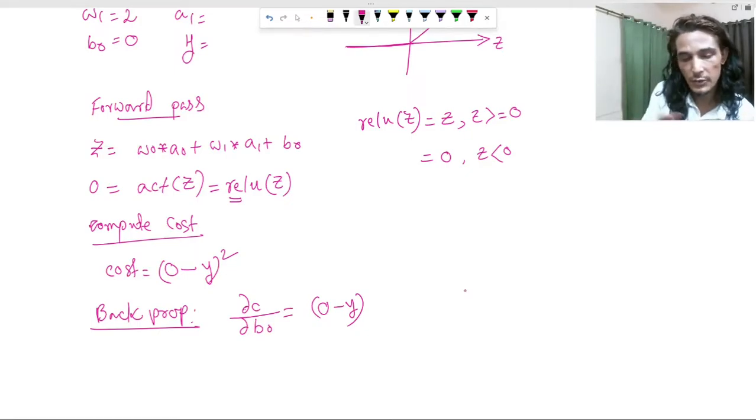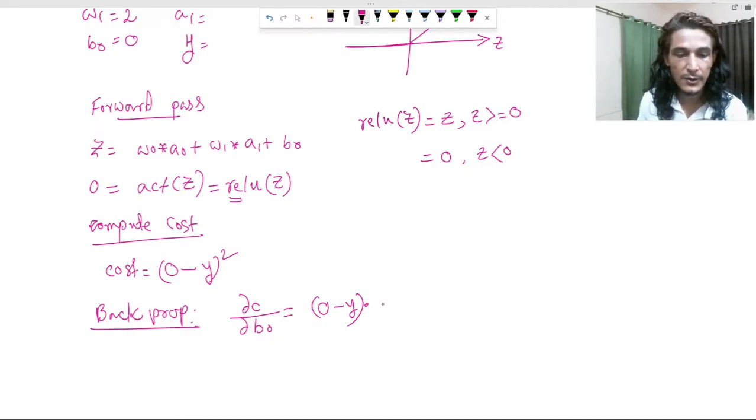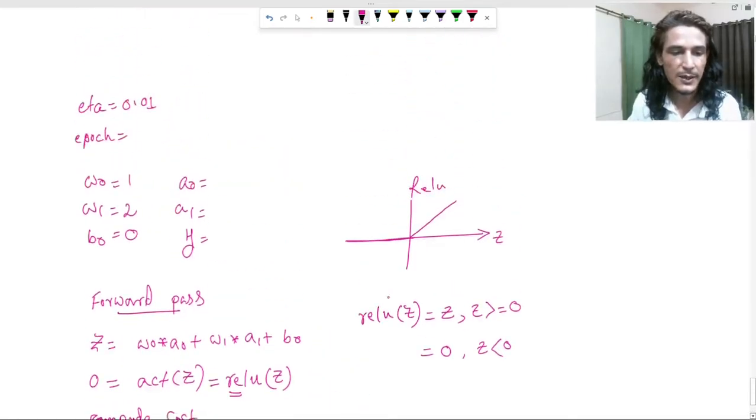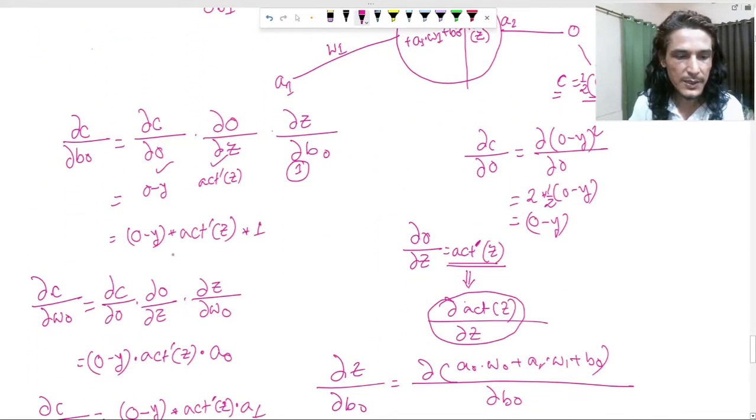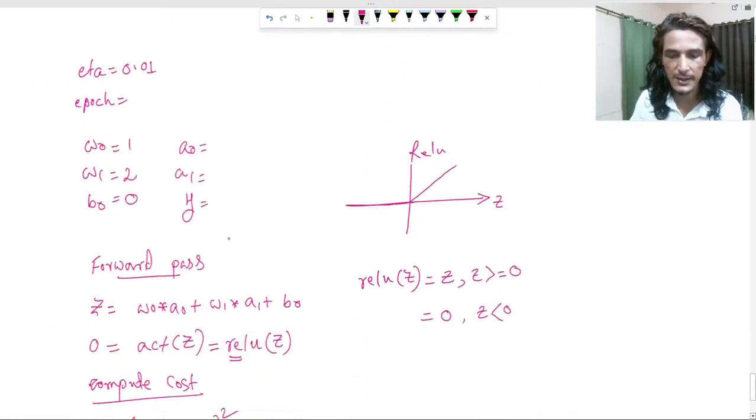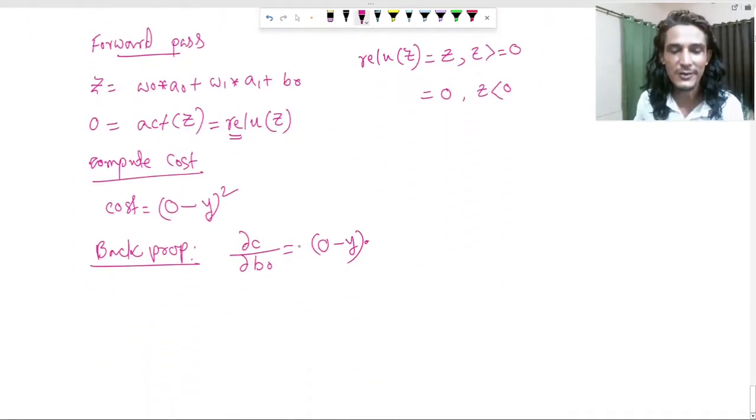Then that thing we have to multiply by the specific version of the derivative, which is where the activation derivative is coming in. You see, what we initially wrote as the rate of change of the cost function with respect to B0 was O minus Y multiplied by activation prime of Z. Now it's time to reveal what that activation prime of Z is.